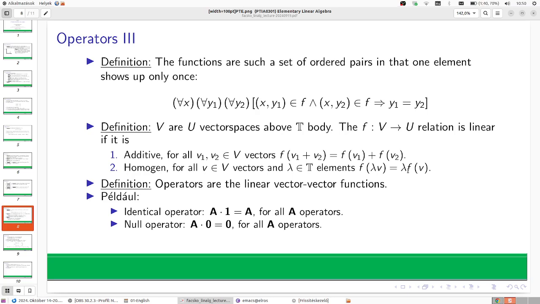Okay, and now I can tell you what an operator is. Operators are linear vector-vector functions. This is a short definition. I just have to define what a function is and what linear is. None of them is trivial.